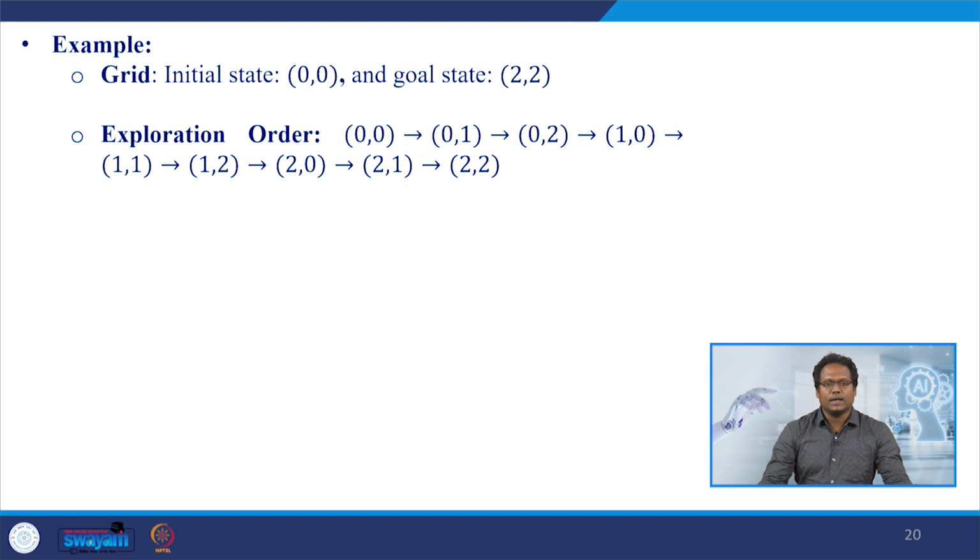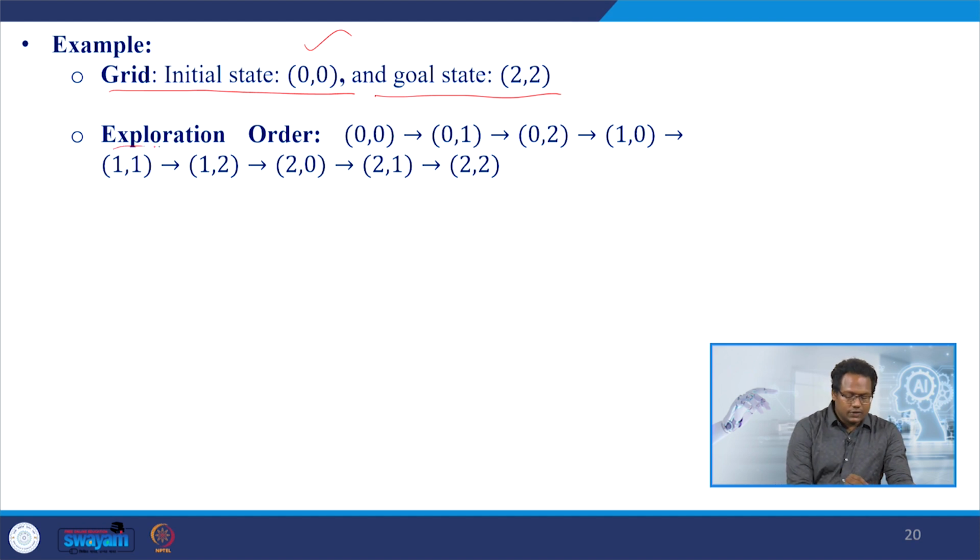Now, let us see the example. So, we have the grid with the initial state being x 0, 0, that is the integer point 0, 0, which is the grid point initial state, and the goal state is 2, 2. So, the exploration order here is it starts from 0, 0 and then goes to 0, 1, then 0, 2.